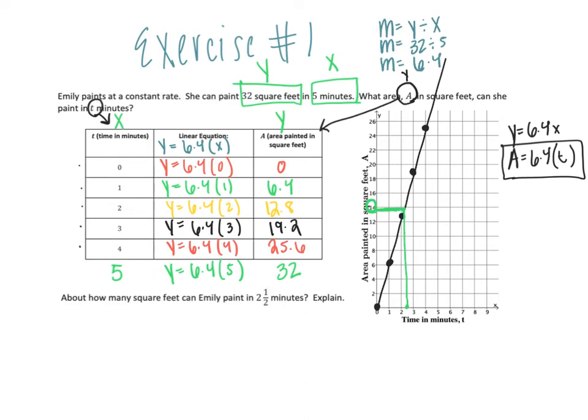It's a little bit lower, I think, but that's going to be my guesstimate. About 14 square feet. And how do I know? These values correspond with the slope.